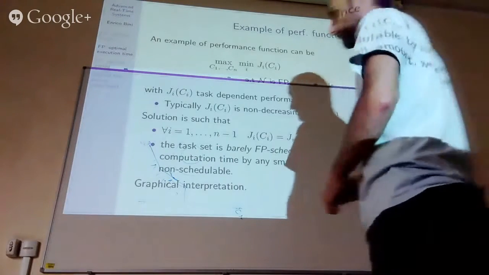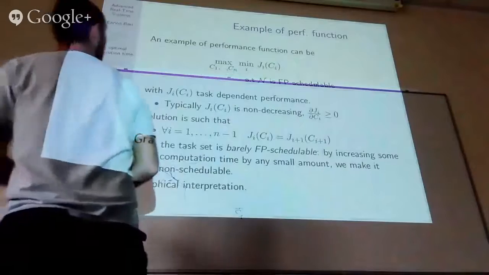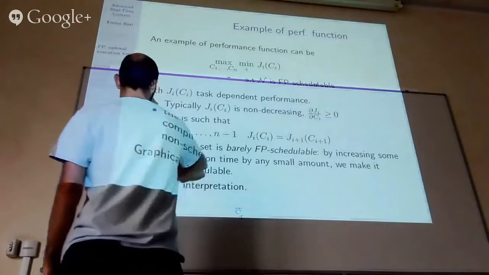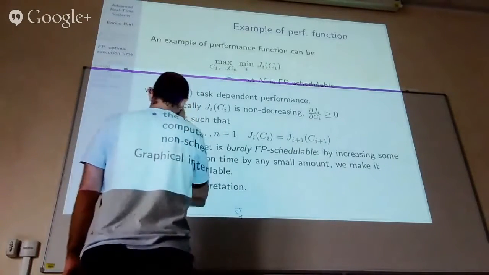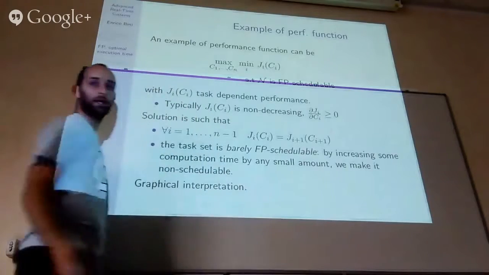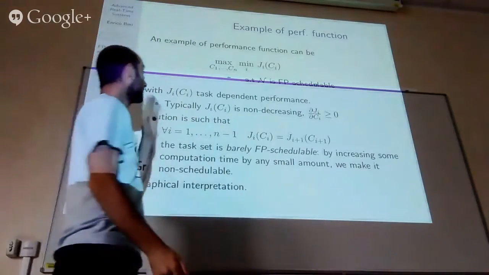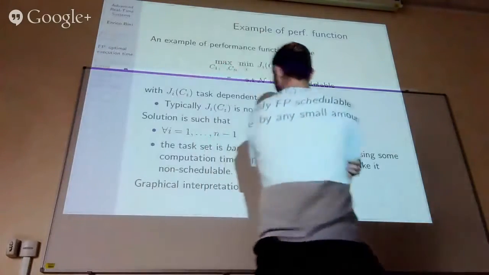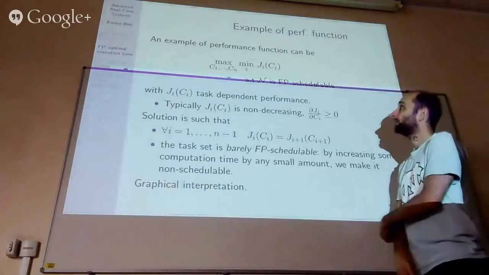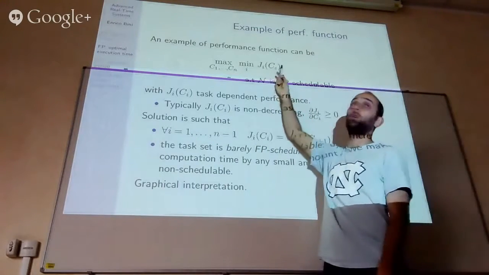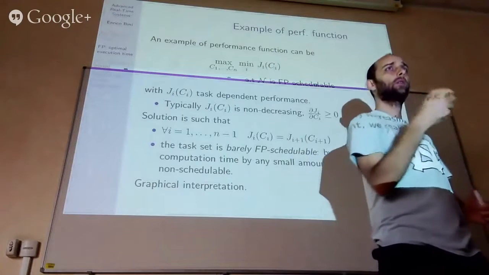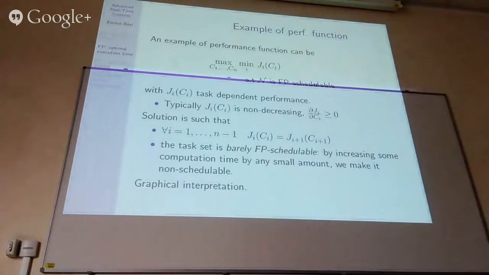Right. So typically, one notable case is when you have performance functions that depend on the task only. So basically, you have a performance function per task.